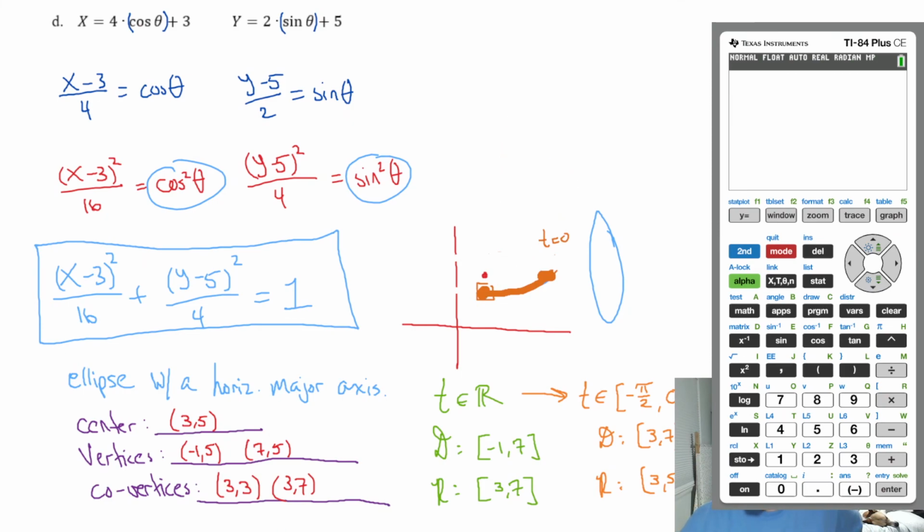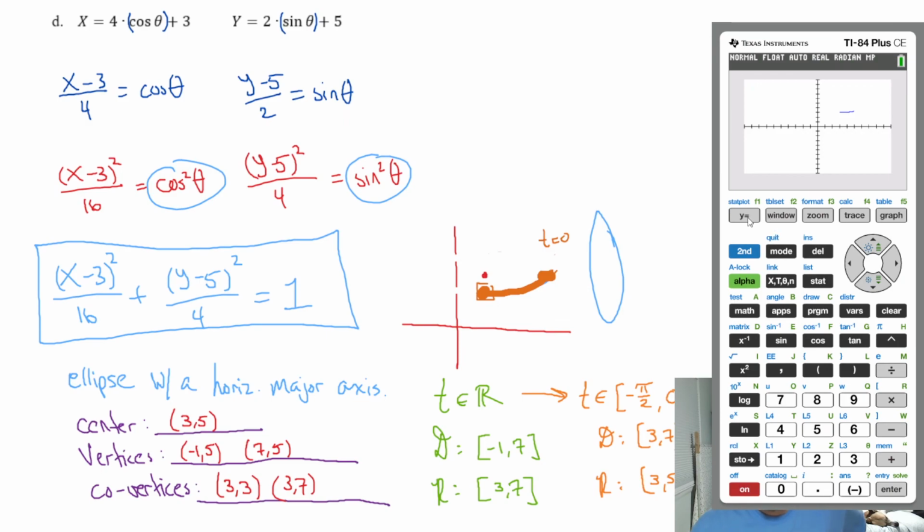So if we turn, oh, the calculator is still back on. I never turned it off. Obviously, you guys can just do this in your calculator. If you tell it to only go from pi over 2 to 0, 0.01 is probably okay. That's still too slow.